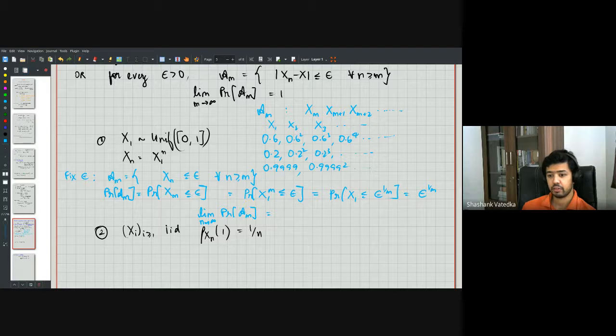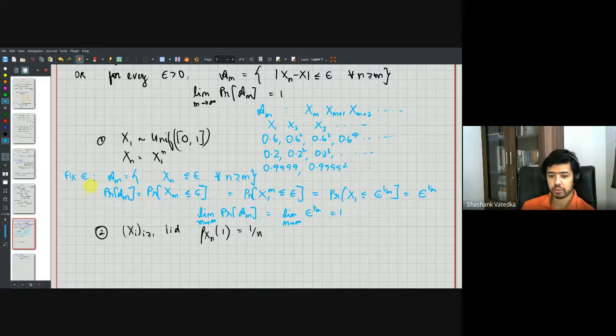Okay, so in this case, what is the limit as m tends to infinity of the probability of AM? It is equal to 1, right? It is just the limit as m tends to infinity of epsilon raised to 1 over m, which is equal to 1.